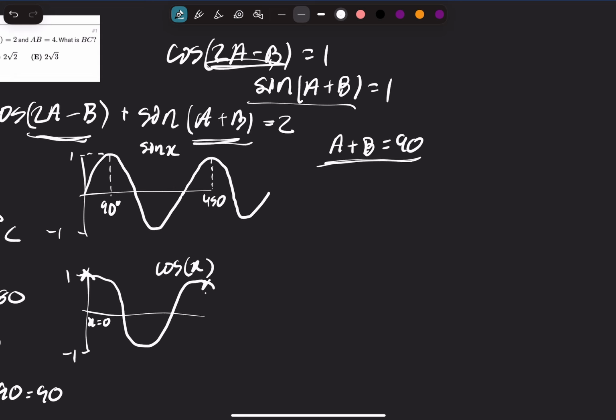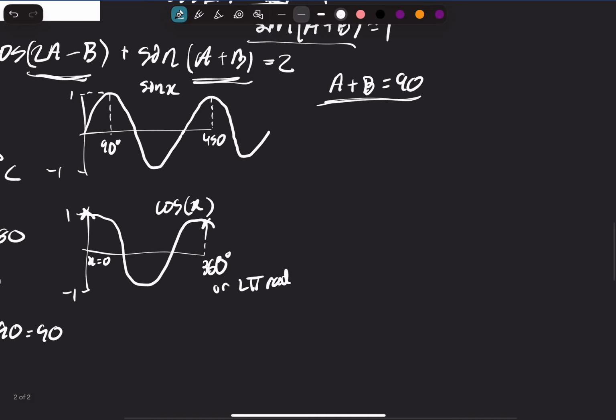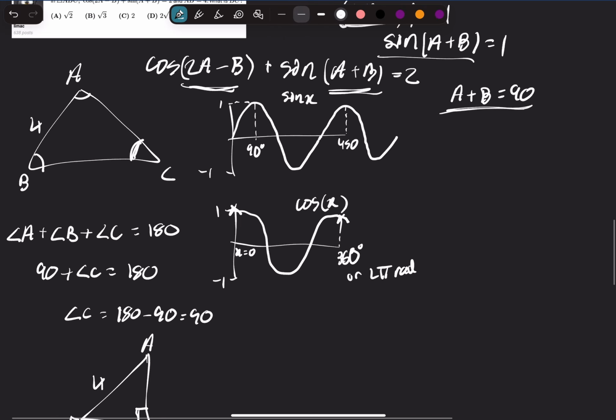And here, cos of this angle is also 1, and this angle here is 360 degrees, or 2 pi radians. It could be some other angles, because the cos graph keeps repeating, but realistically it's no way it's going to be bigger than 360. So it could be either of these two.